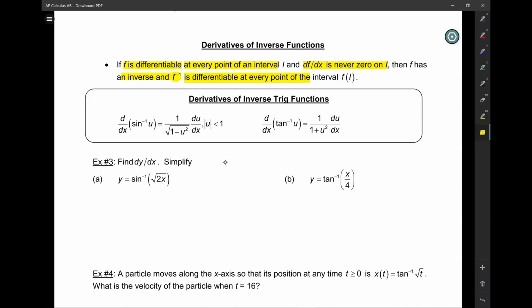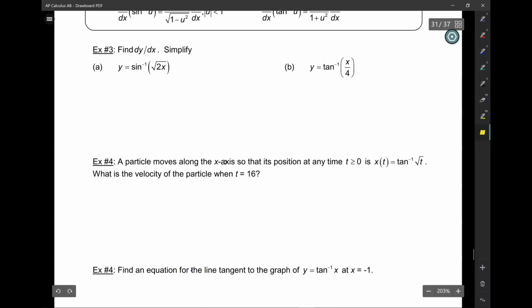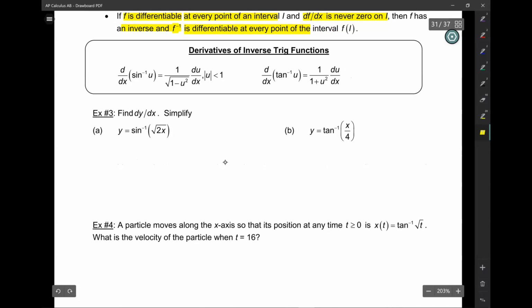So now, let's take a look at the derivatives of inverse trig functions. We're only going to do the derivative of inverse sine and inverse tangent for now. The derivative of inverse sine, arc sine, is not a trig function at all.